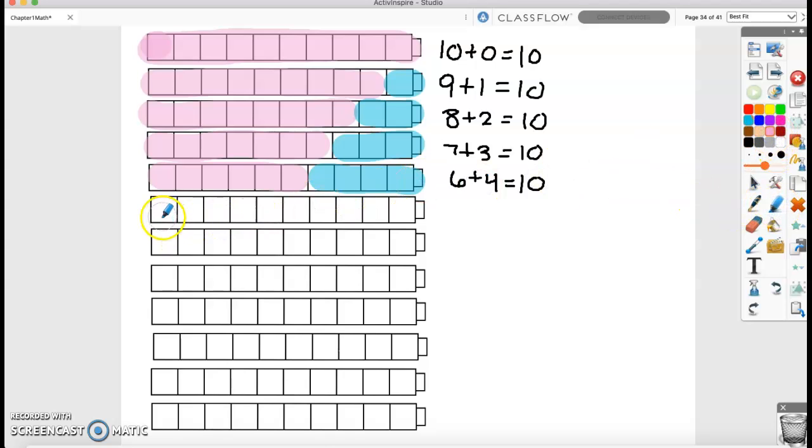On the next one, I'm going to color this many pink and this many blue. Think about your answer. If you think it should be 5 plus 5 equals 10, great job. Here's our next one.